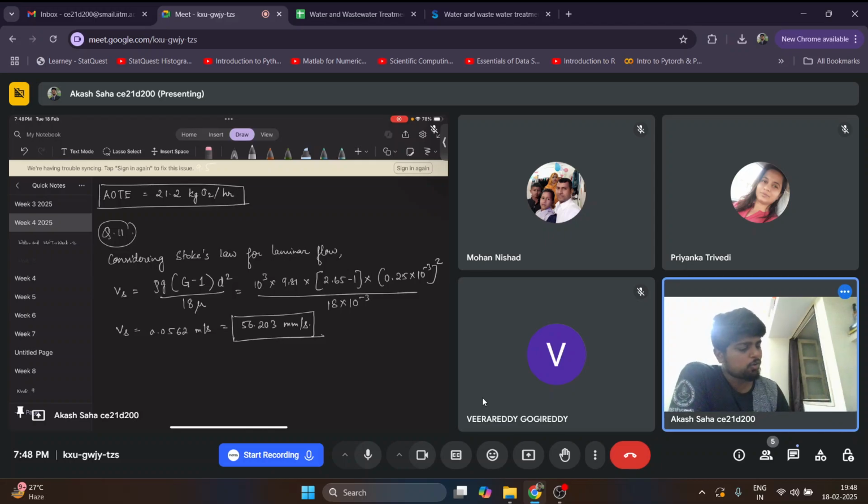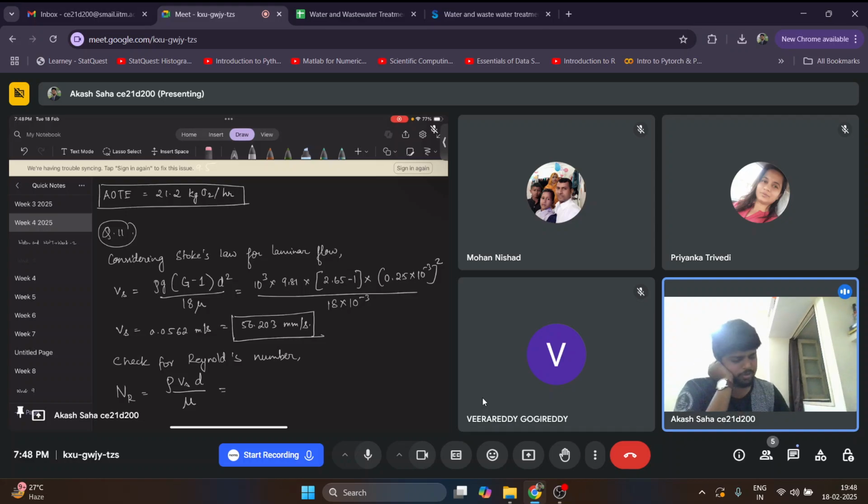For checking it, we will check the Reynolds number. So the flow type we will check by Reynolds number. What is Reynolds number? The Reynolds number NR is nothing but rho into the settling velocity into the diameter by mu. This is the formula.